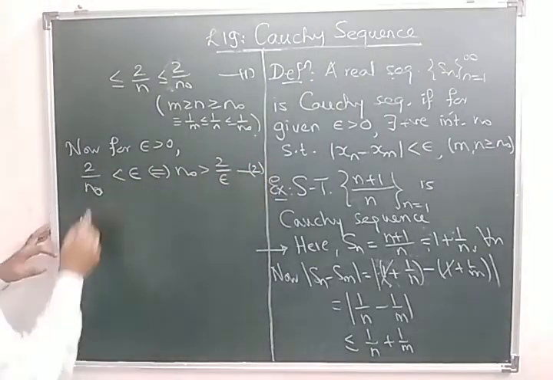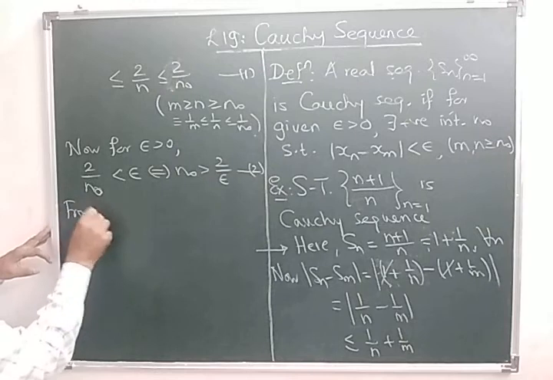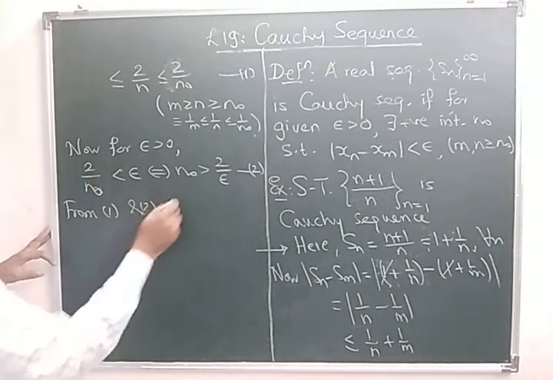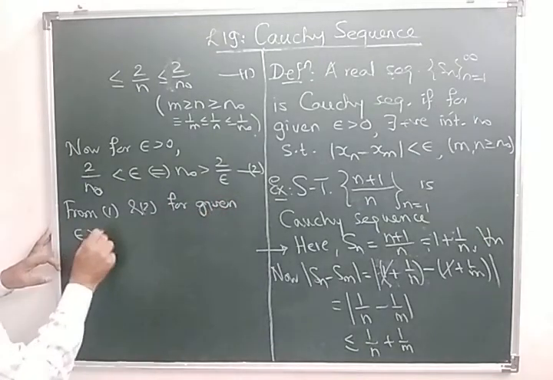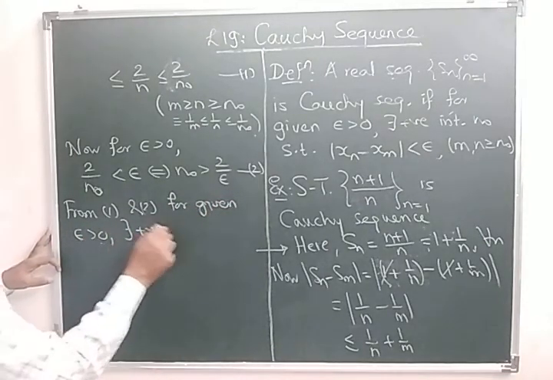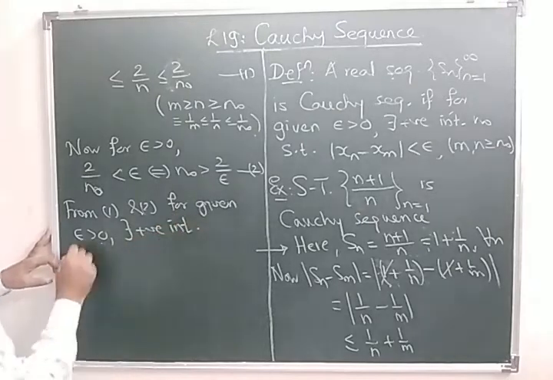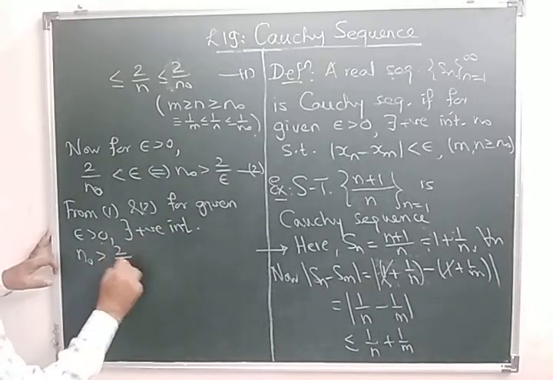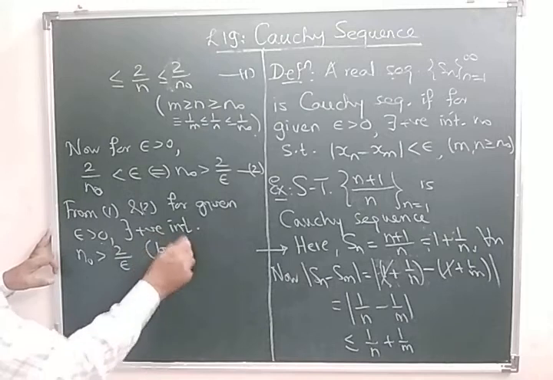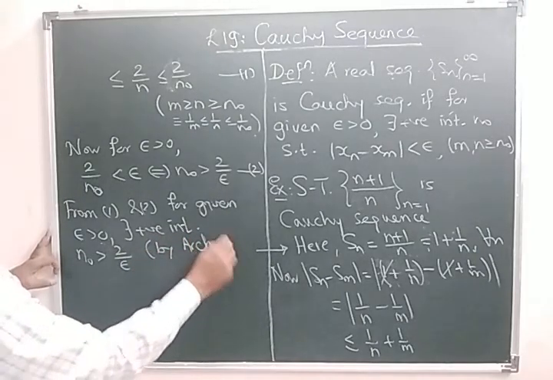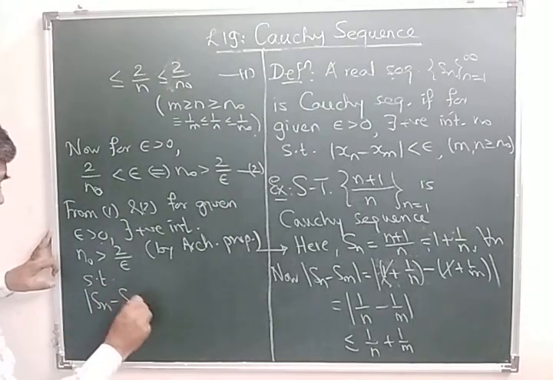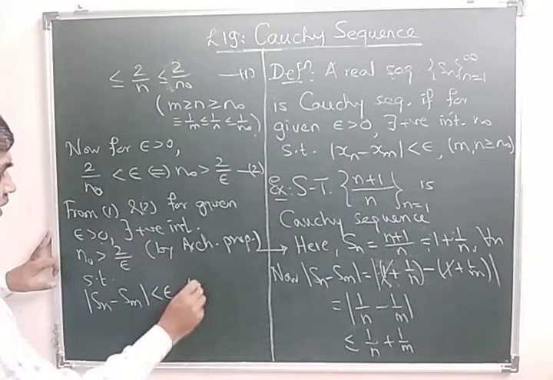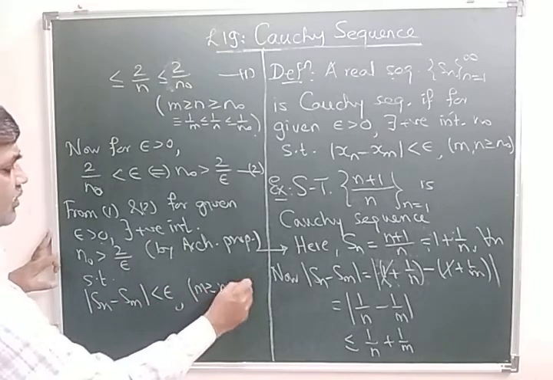So from 1 and 2, for given epsilon greater than 0, there exists a positive integer n naught greater than 2 by epsilon, by the Archimedean property, such that mod of Sn minus Sm is less than epsilon for any m greater equal n greater than equal to n naught.